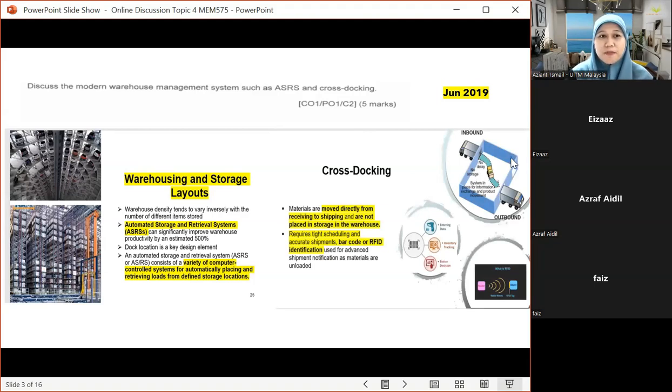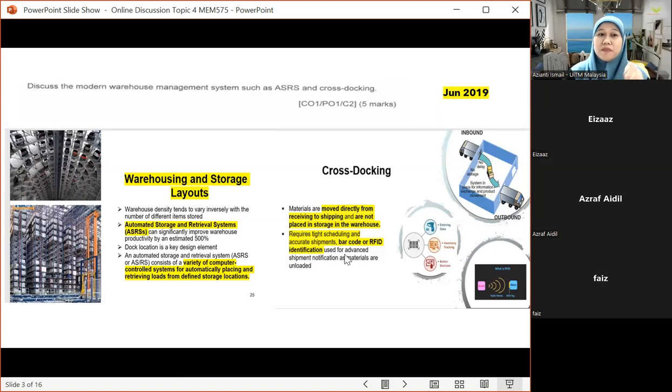Actually cross-docking ni dia sesuai untuk all the logistik yang macam JNT, Pos Laju and so on, in which let's say barang daripada utara, Kedah, Perlis, Pulau Pinang, what they do, dia akan jumpa di KL or Selangor before dia pergi ke Johor, ke selatan, because dia akan merugikan if you bring, let's say, okay, ada parcel daripada Perlis, Kedah nak pergi Johor, lori tak penuh, so takkan dia nak go all the way to Johor and nak patah balik. So they have a cross-docking bay, kita panggil, dan kat situ penukaran barang berlaku.